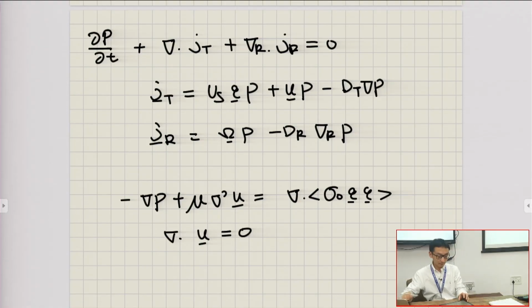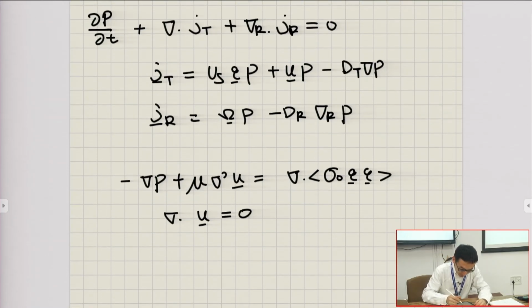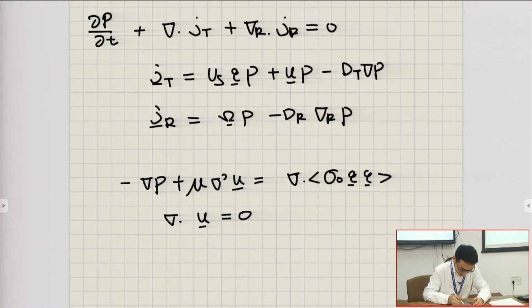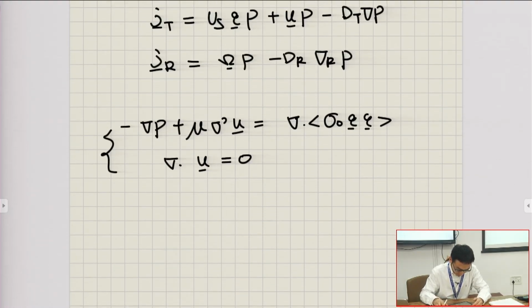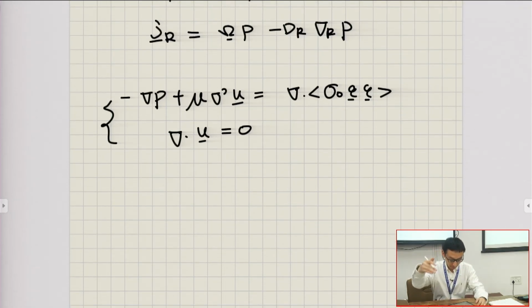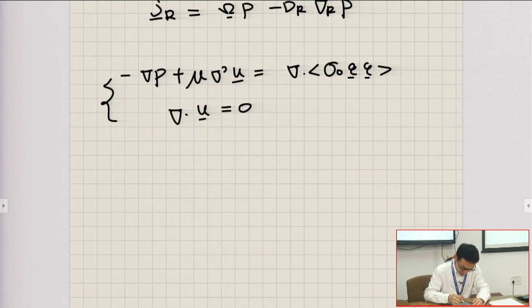The question is, can we generalize these equations to incorporate some sort of nematic alignment interactions, which will be useful when you want to think about even more concentrated systems? When you increase the particle density further, one way to do that is to introduce a phenomenological potential.